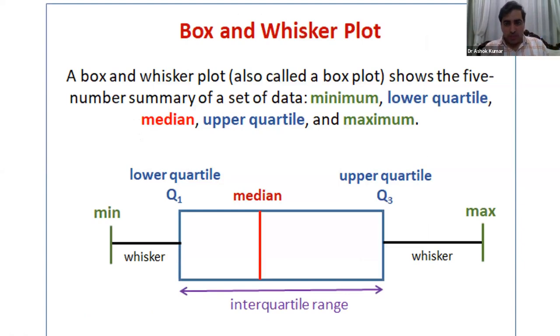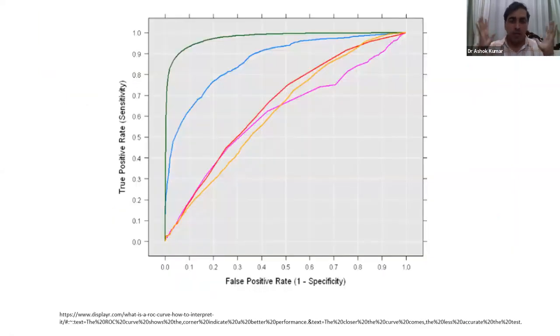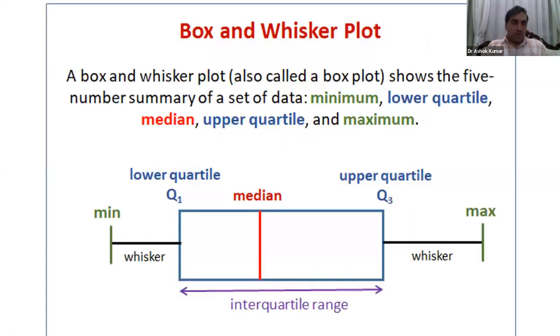Now, box and whisker plot. This is all about area under the curve, and we will have a demo on this. So a box and whisker plot, also called a box plot, shows the 5-number summary of a data set.